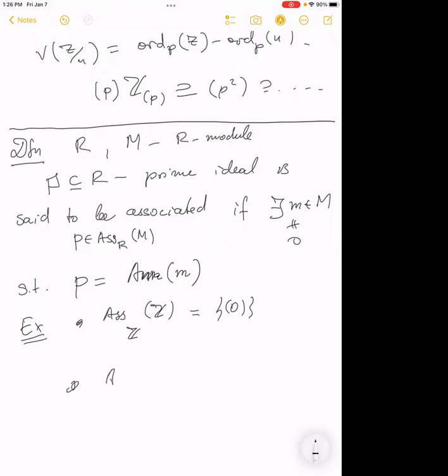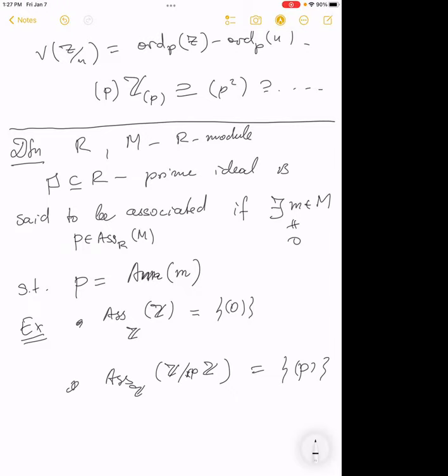How about the associated primes of Z modulo PZ, where P is prime? Well, in this case, we get P. It's a fairly simple computation.